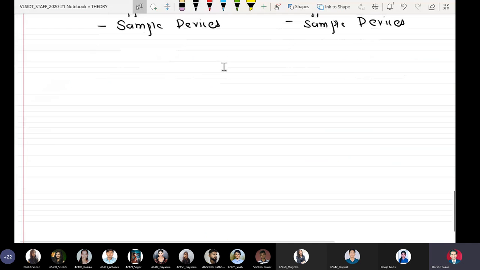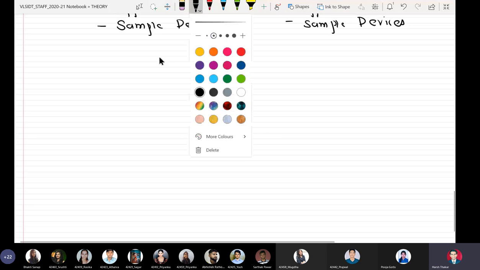As far as basic architecture is concerned, it looks like this.